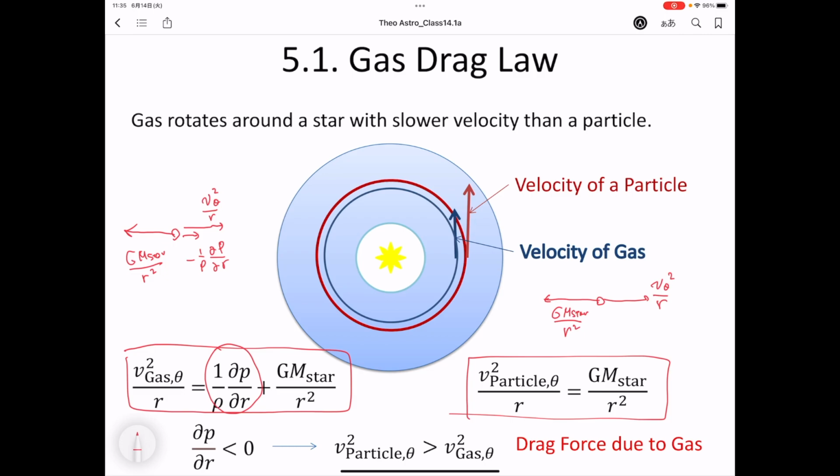Pressure is a decreasing function of distance from the protostar, so this term becomes a negative quantity. The rotational speed of a solid particle is larger than the rotational velocity of gas. So due to such a difference, drag force is acting on the particles in a disk.